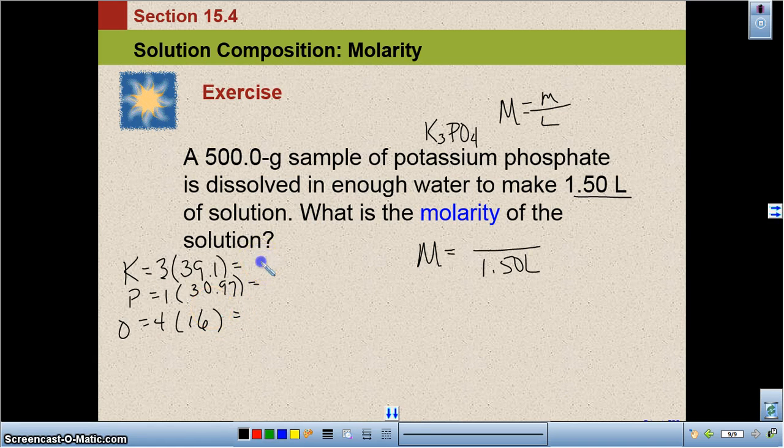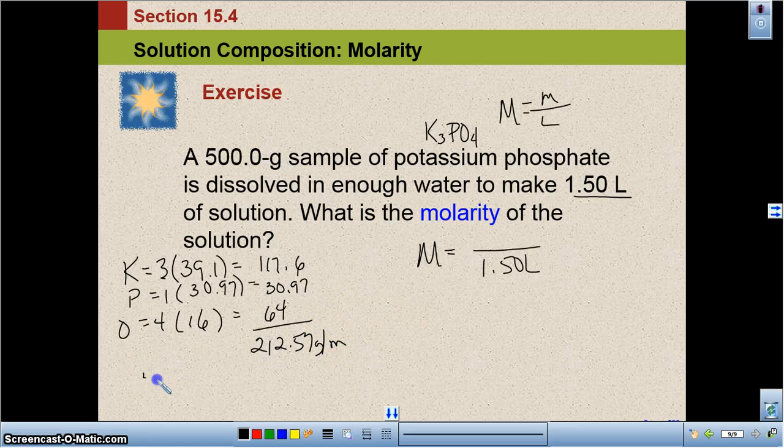We're going to go ahead and do the math real quick. 117.6 here. This is going to be 30.97. And 4 times 16 is 64. Go ahead and add all that together and get a total of 212.57 grams per mole is the molar mass.